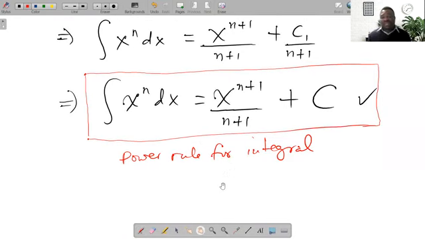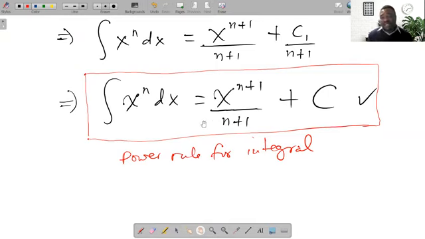And so this is a little bit different from the derivative. You understand that with the derivative, the power becomes the coefficient, and then we subtract 1 from the power. But because we're talking about antiderivative, there's a reverse of the process. And of course, if you pick x raised to n plus 1 divided by n plus 1, and you try to take the derivative of this, you should definitely get this.